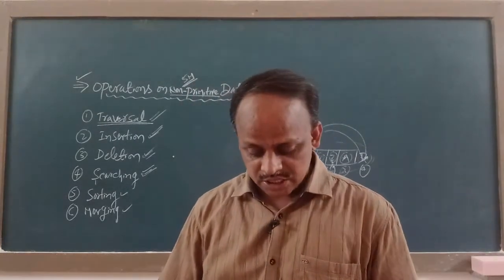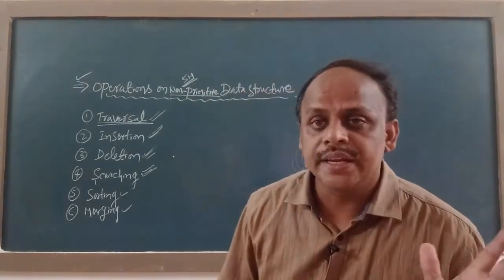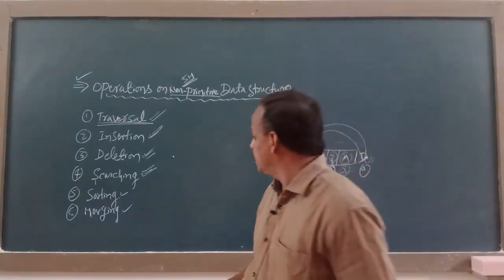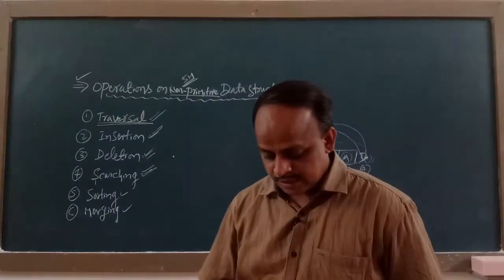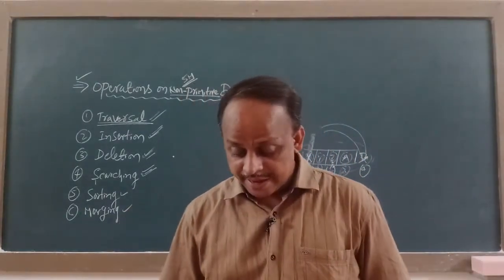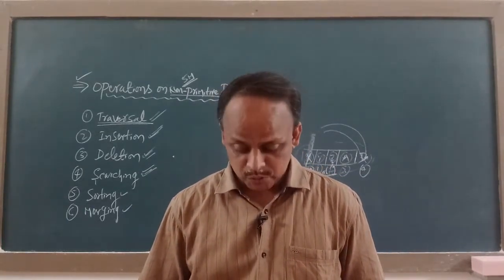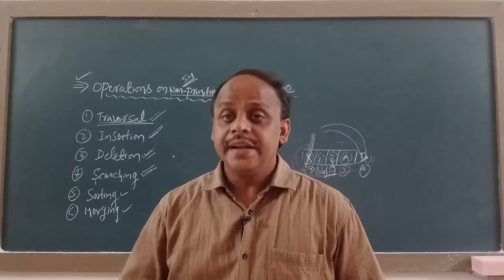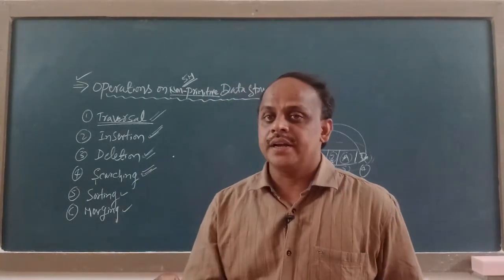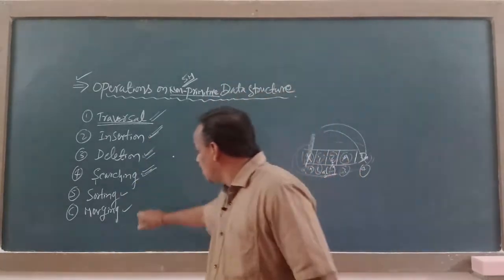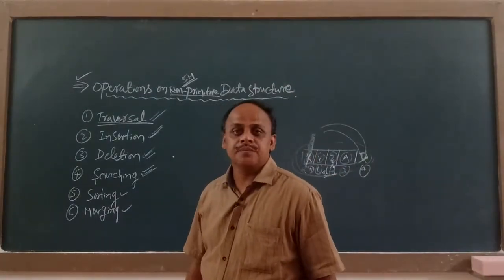And the next one, the fifth one, is sorting. What is meant by sorting? The process of arranging data items in an order is called sorting.